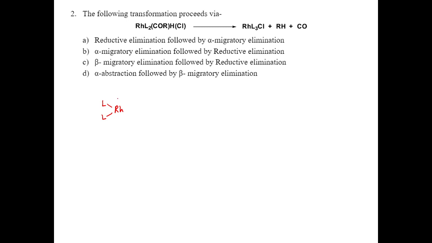reaction. So this hydrogen is there, chlorine is there, and here COR, right? So in the product you have what? CORH, CO, right? So CO has to come from here.